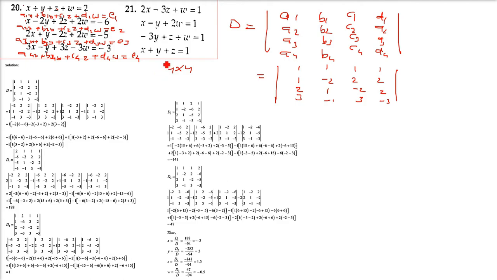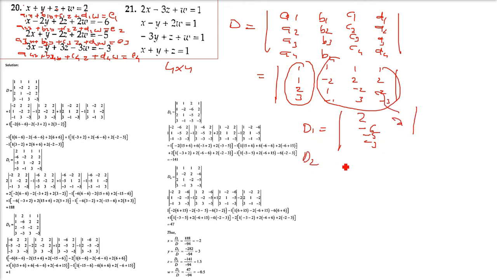Okay. D1, D2, D3, D4. For D1, we have to replace the first column, 1, 1, 2, 3, by 2, -6, -5, -3. I'm going to write all of this. The rest remains the same. For D2, the second column is going to be replaced by 2, -6, -5, -3.